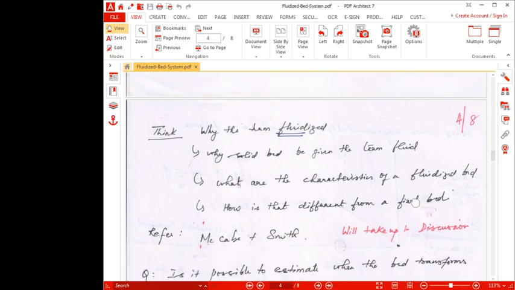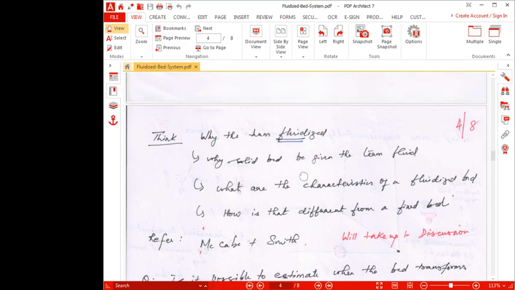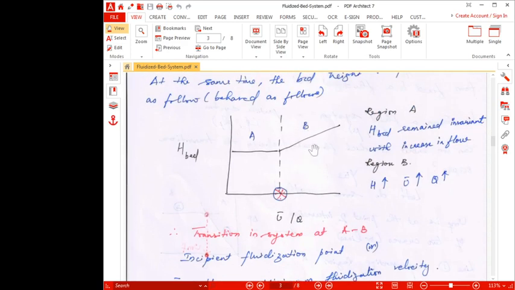For this I would like to take this up during our online interaction, and I would also request you to go back and see the book by McCabe and Smith to find answers to these questions. You can also see the YouTube links that I have posted in the Google Classroom. I once again repeat, I want you to think, why is this region called a fluidized bed?